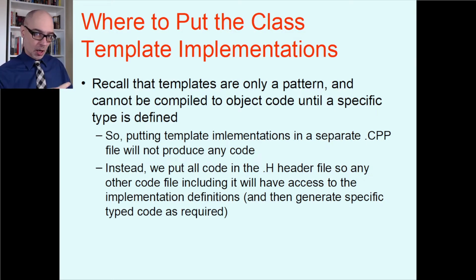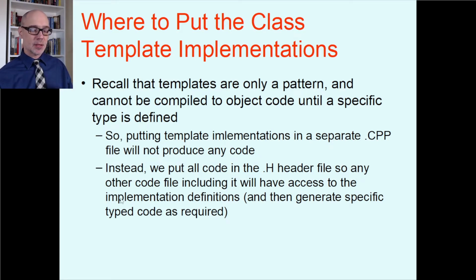So you need the call, right? You need the object instantiation code before it knows what type of thing to actually create. So if you do what we normally have done in the past and put the implementation code in a separate CPP implementation source code file, that's not actually going to produce any code, right? That CPP file won't actually produce code because it won't have any instantiations of the objects.